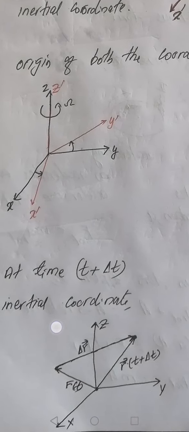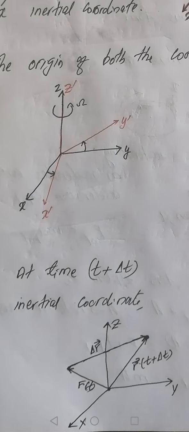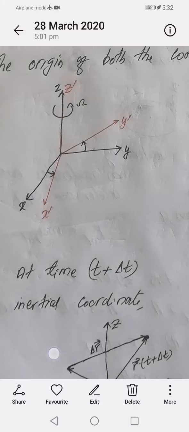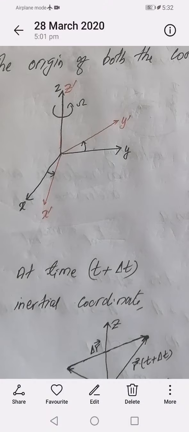Let us calculate this first in the inertial coordinate system. r of t is the position vector in the xz plane. After some time it reaches a new position, so the position vector is r of t plus delta t, and the difference is delta r. That is the displacement.